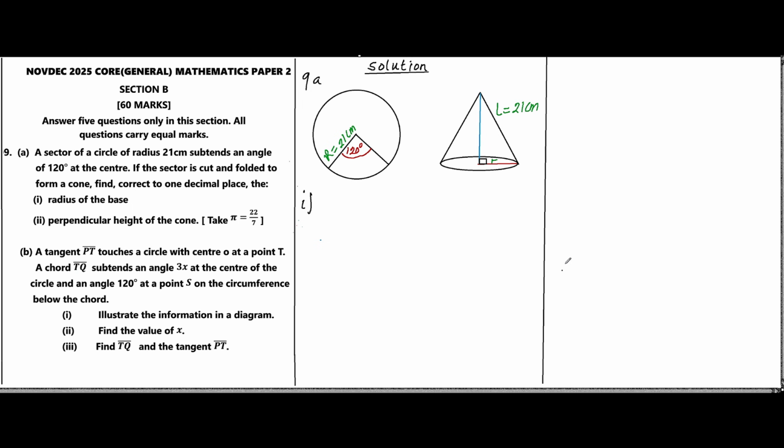Now we know that the circumference of the circular base is 2 pi r, and this circumference here is the same as the length of the arc of the sector.